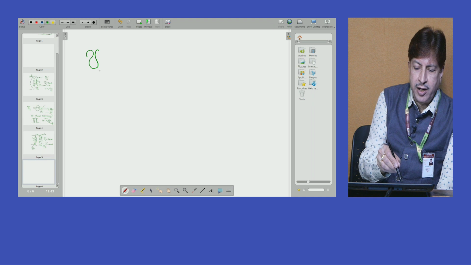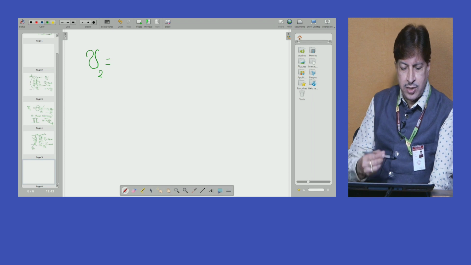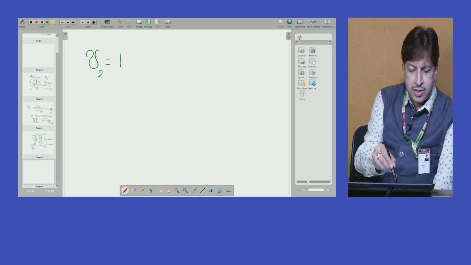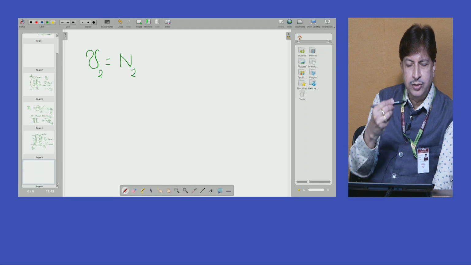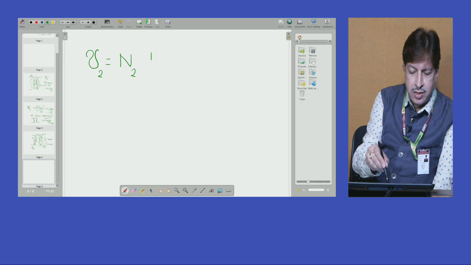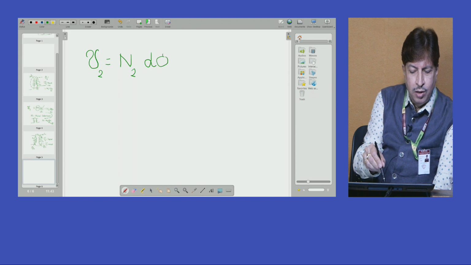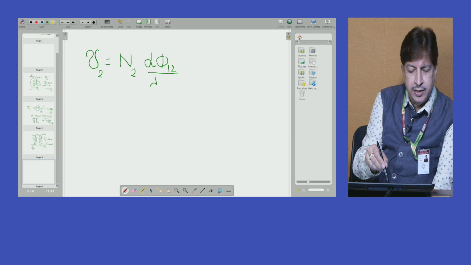See how I am writing the self EMF of coil 2 in this case. It has N2 number of turns. It has flux associated with it, which is d phi 2 by dt.